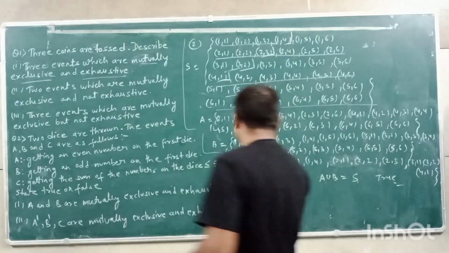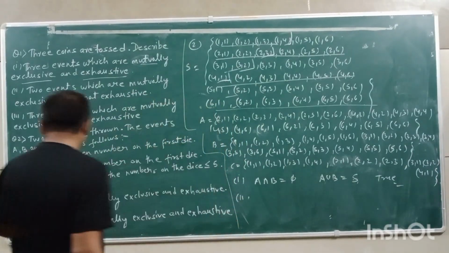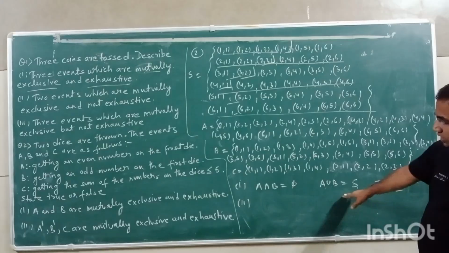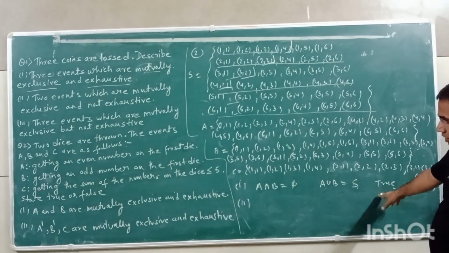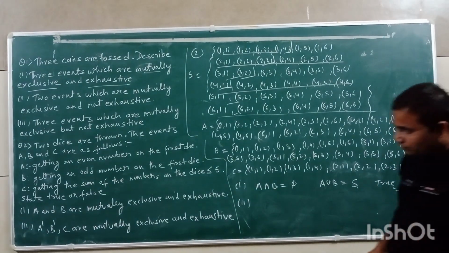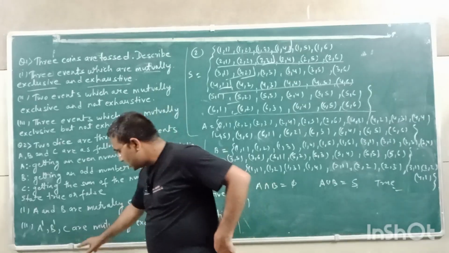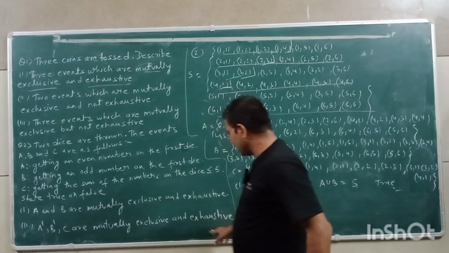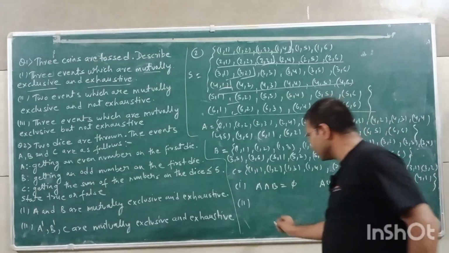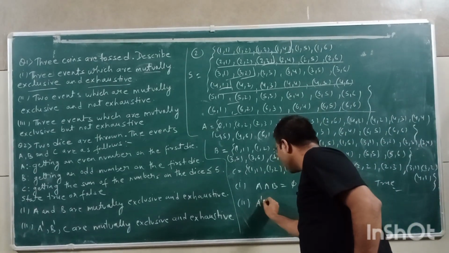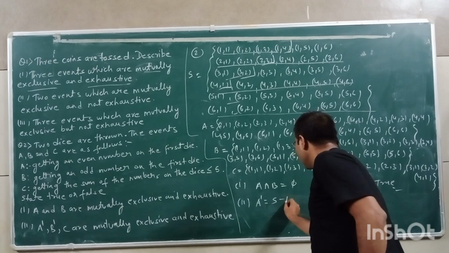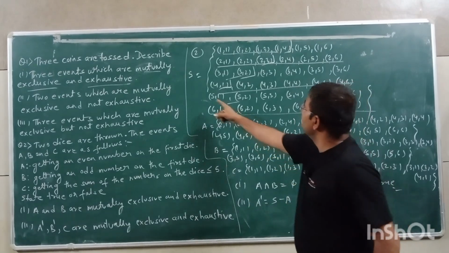Okay. Now, in this way we will do the first one. So the first one will be true. Now we will see the second one. The second one is saying A complement, B complement, C are mutually exclusive and exhaustive. So first of all we will find A complement. A complement will be S minus A, where S is the sample space.